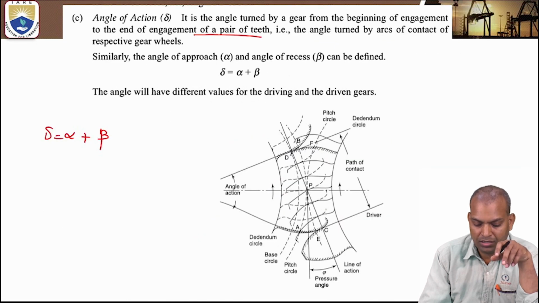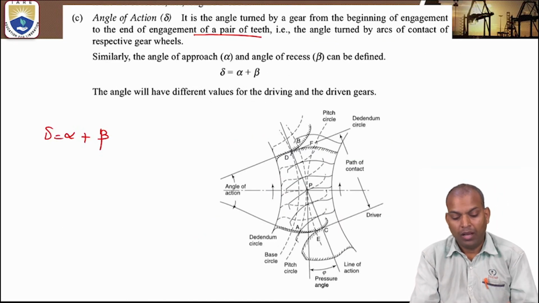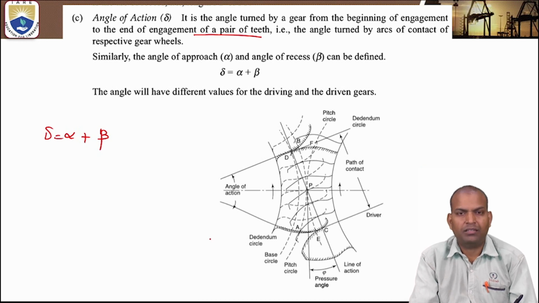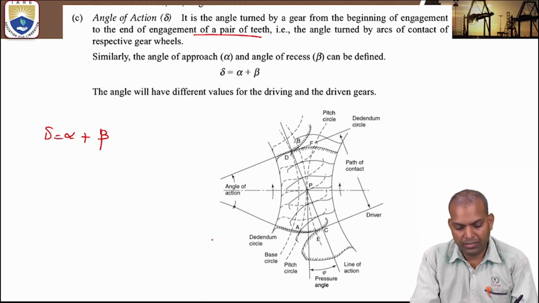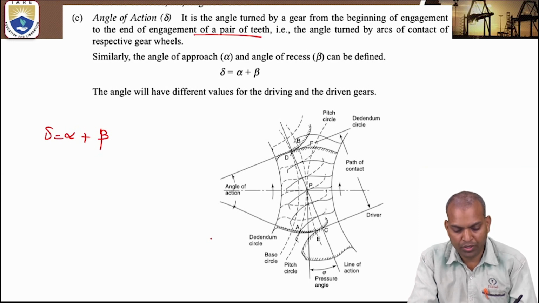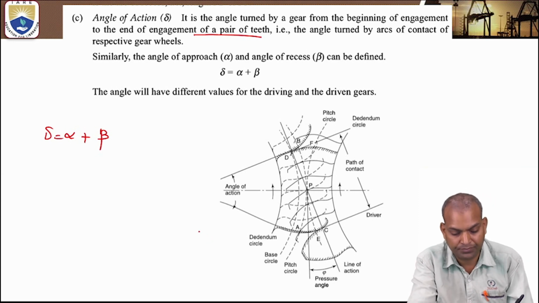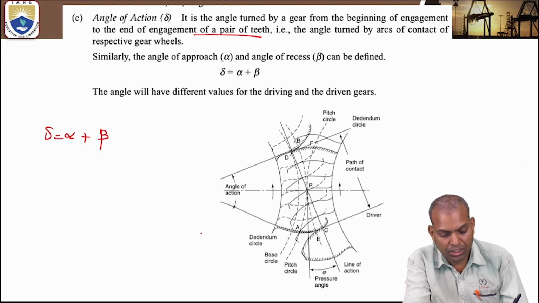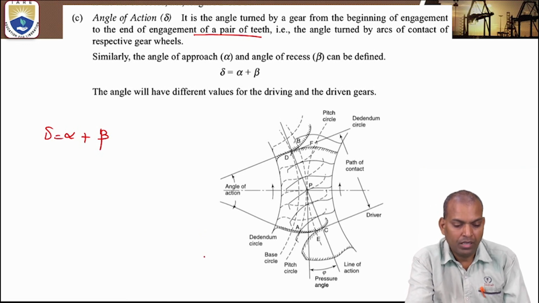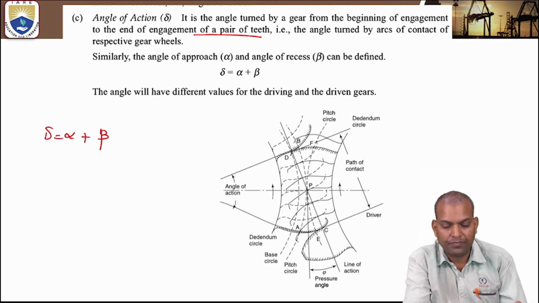And what is the pressure angle? Pressure angle is the angle between the normal to the contact point and the line of action. If the pressure angle is high, what will happen?